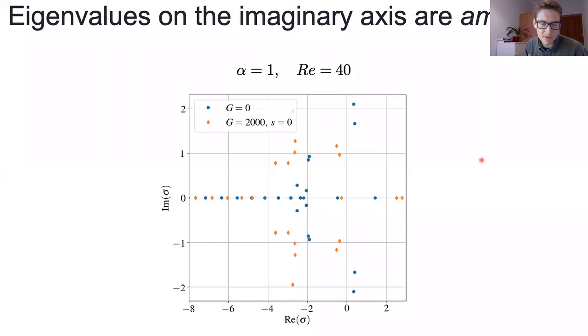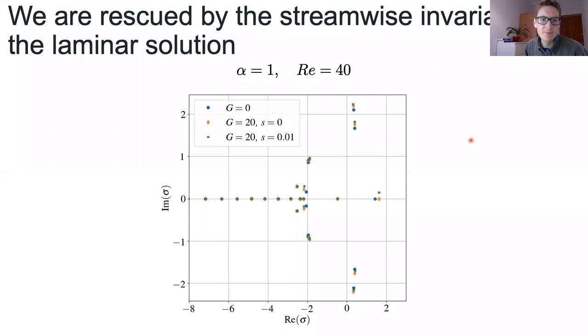And as I showed you earlier on, simply putting a large gain here can stabilize the complex eigenvalues, but it actually amplifies the real ones. And this is actually with the shift equal to 0. So this is where you can probably guess what's going to happen next. If I include a shift, then what happens is you kind of rotate the spectrum and you lift the eigenvalue sitting on the axis off the axis.